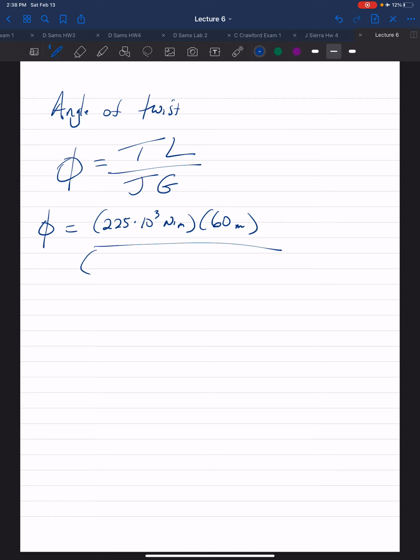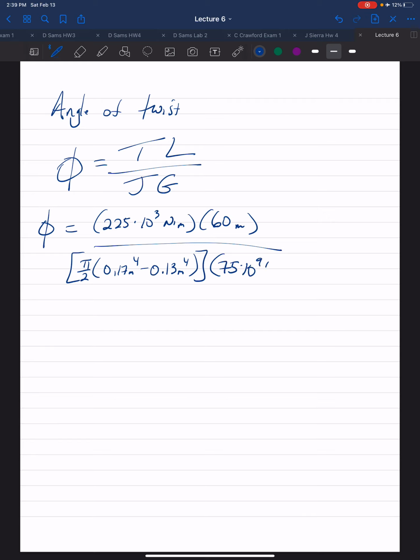Our polar moment of inertia, we said, was pi over 2 times 0.17 meters to the 4 minus 0.13 meters to the 4, times our G, which we grabbed from the back cover of the book, 75 gigapascals.